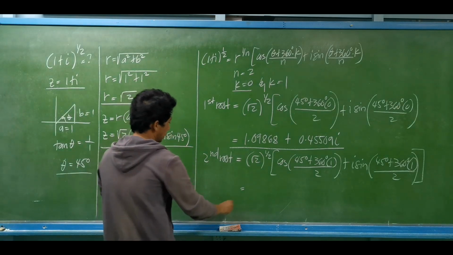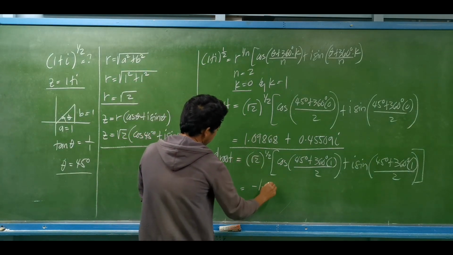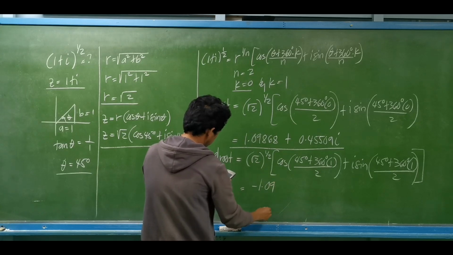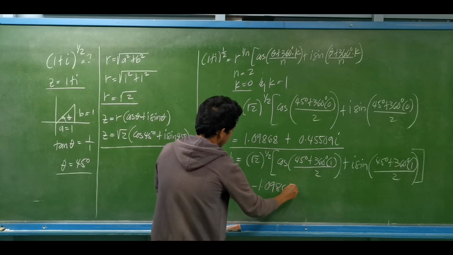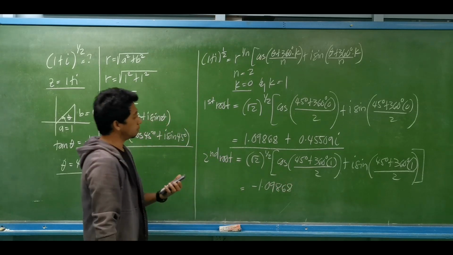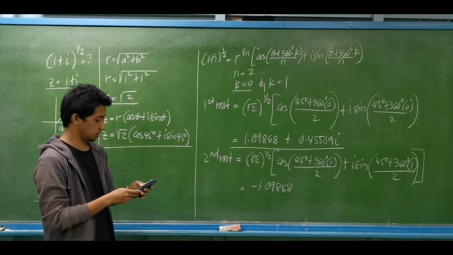So we have that as a negative, just the negative of this value, negative 1.09868.